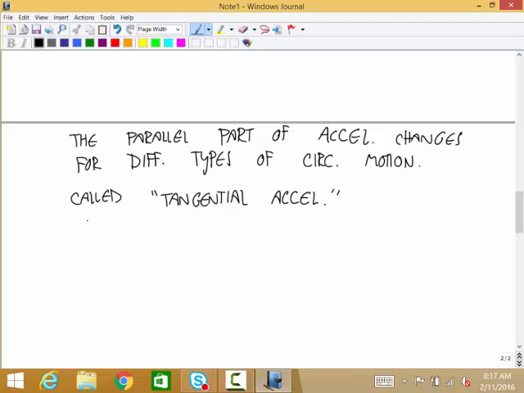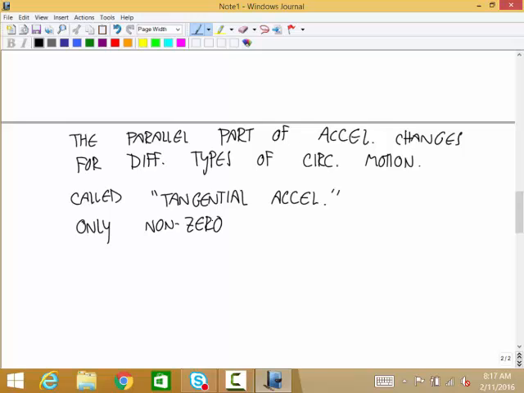And the tangential acceleration is only non-zero for, is it non-zero for uniform circular motion or non-uniform circular motion? Yeah, I said that as sort of a double negative, but if it's uniform circular motion and the speed isn't changing, you don't get a tangential acceleration.